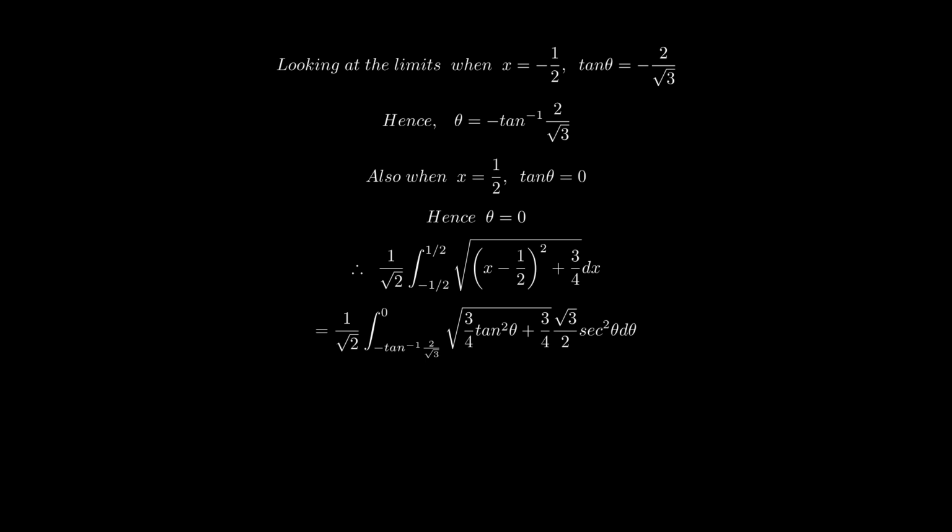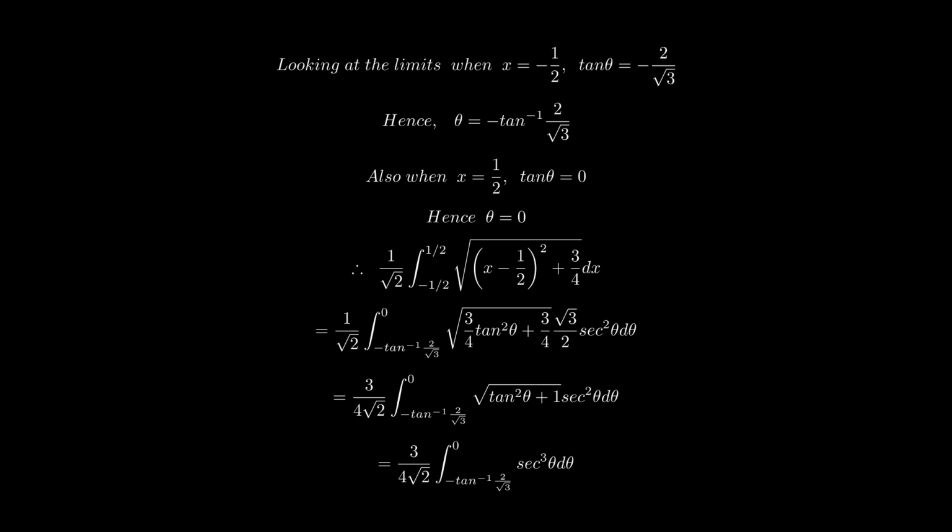Pulling out the root 3, both under the square root sign and also whatever is on the other side, results into 3 over 4 root 2 integral from minus arctangent 2 over root 3 to 0 of tan square theta under square root sign times sec square theta. This results back into sec cube theta.